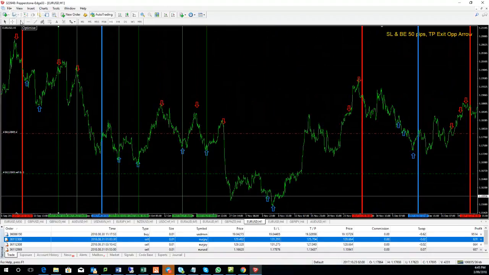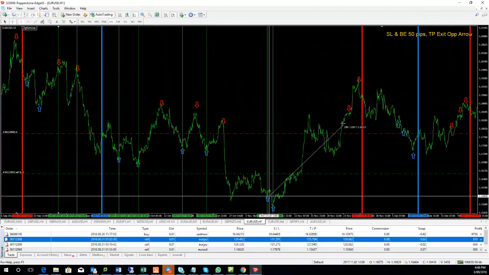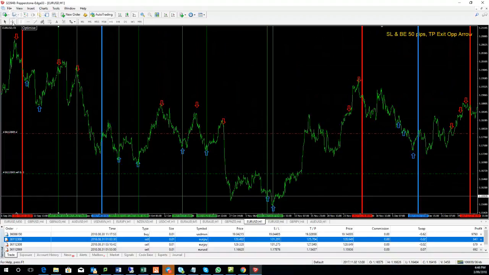Let's add some more lines. So we've got another buy here, here. So that should just make it. Now we're looking at a massive 260 pips. 280.